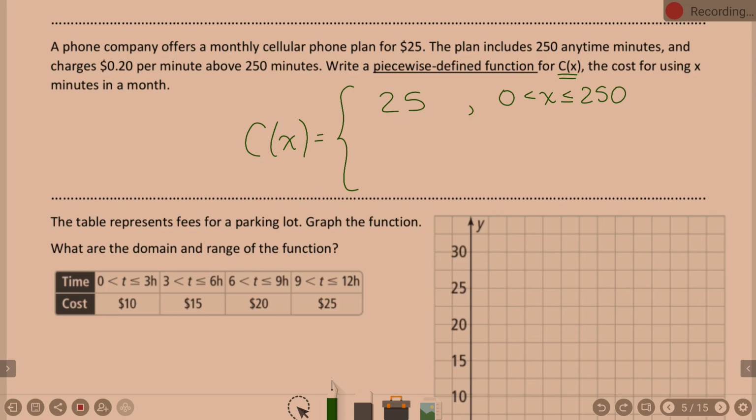X. Okay, we're talking X minutes. So that next bill, if I go over, I'm paying 20 cents per minute because I go over. Plus I have to pay what else? The 25. The 25. So you've still got that 25 cost plus 20 cents per minute, or in other words, 0.2 times X. Okay?